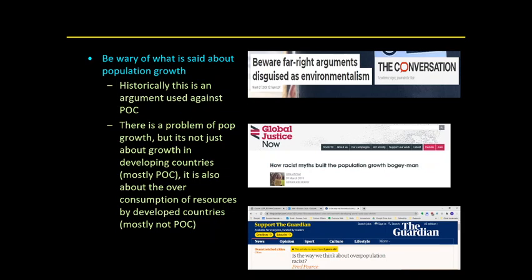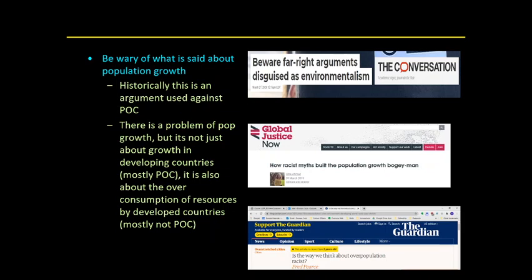But sometimes the modes of thinking about population growth slip into the mindsets of folks who don't realize that they're necessarily being racist or genocidal to talk about controls on population growth. There's definitely a problem of population growth, but it's not so much about the growth of populations in developing countries. It is about that, but it's also about the overconsumption of resources in developed countries.